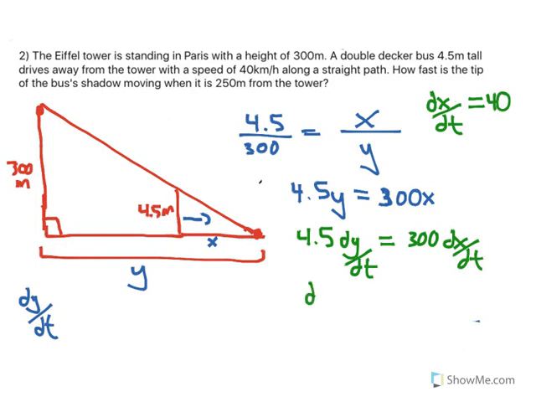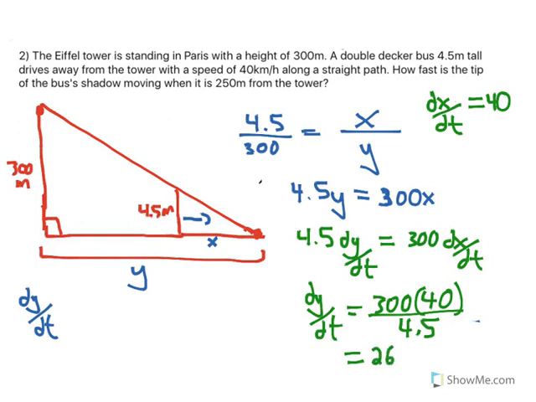Sub that in and solve for dy by dt. dy by dt equals 300 times 40 over 4.5. dy by dt equals 2666.66. That seems like a fairly high number considering we're driving at 40 kilometers an hour.